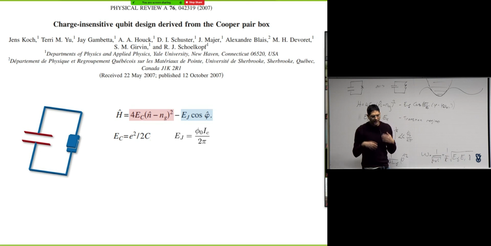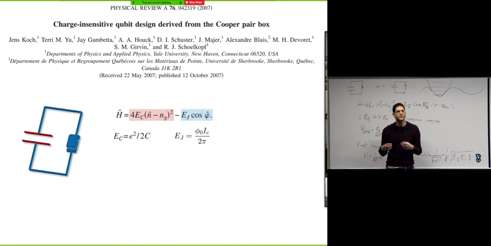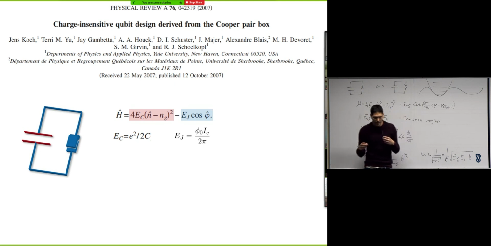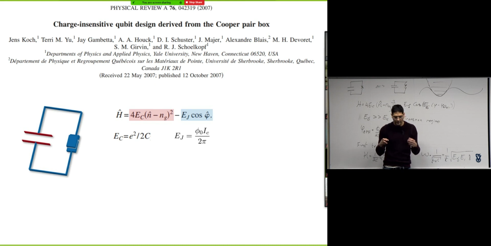Okay? And all this is just coming to say that there's a whole rich world of physics to explore here in terms of the topology of the circuits and the physics that comes out of it. Okay?